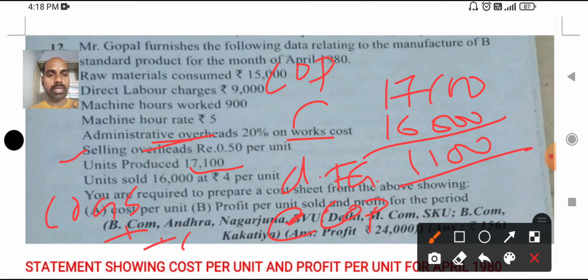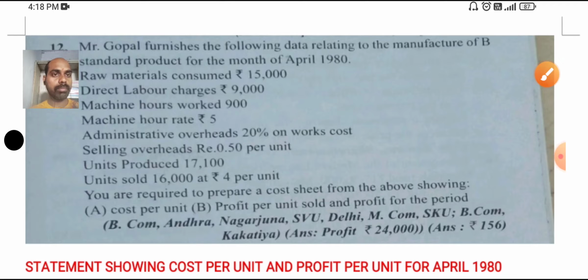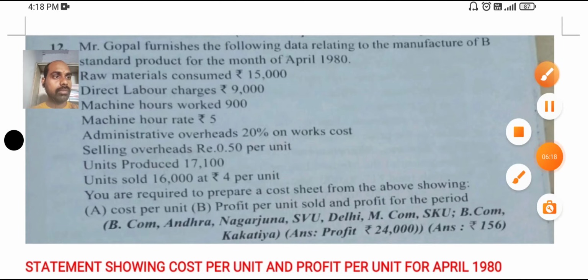You will get total cost. The difference between total cost and sales will be your profit. This is the problem we need to do. So let us solve it.